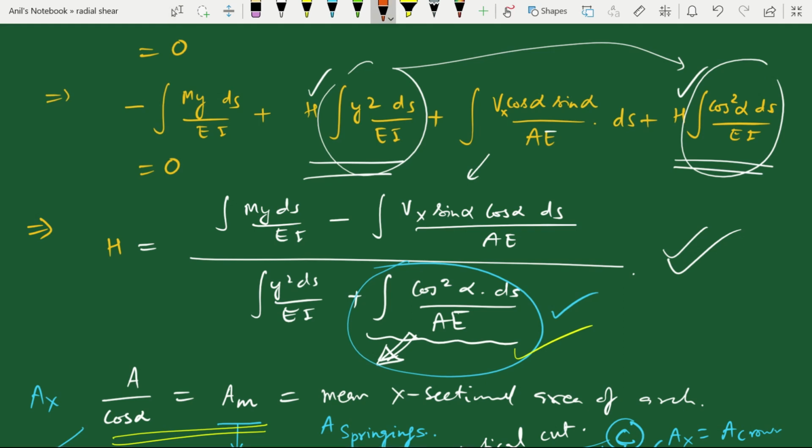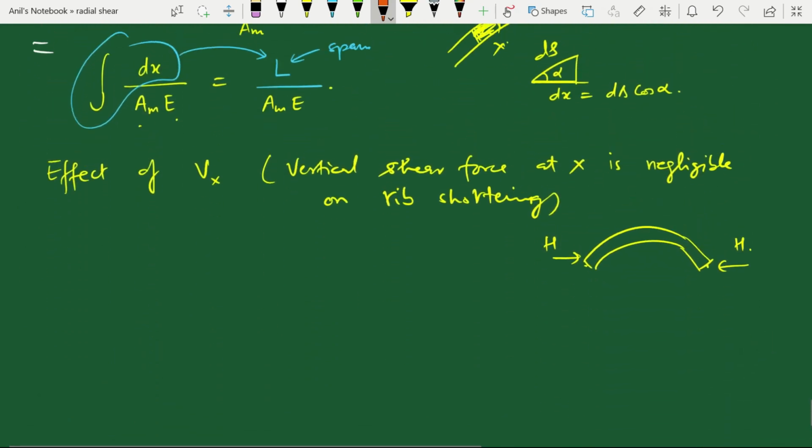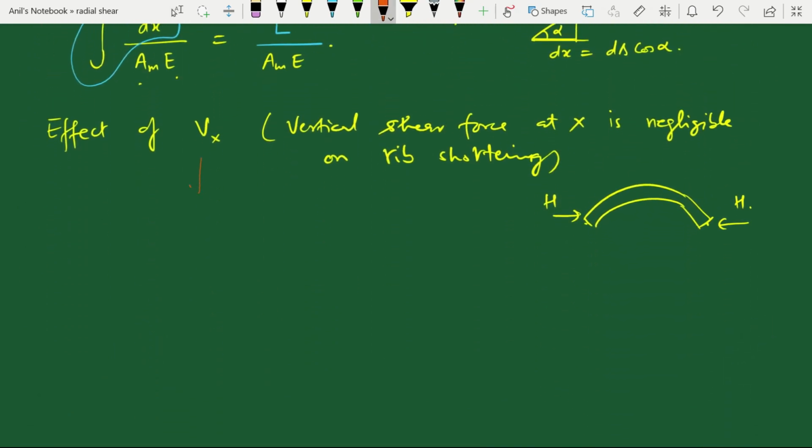So that means this term can be neglected for simplification, as well as because Vx is not affecting rib shortening much.